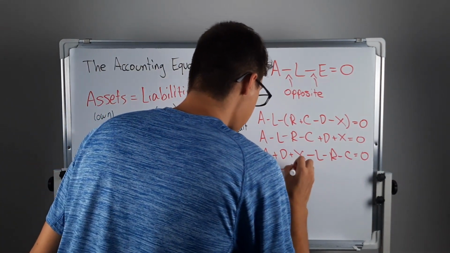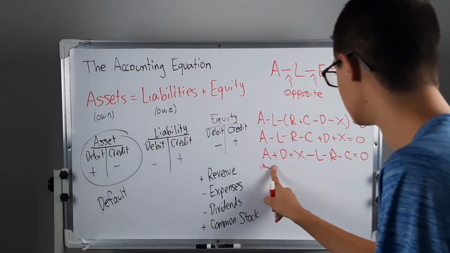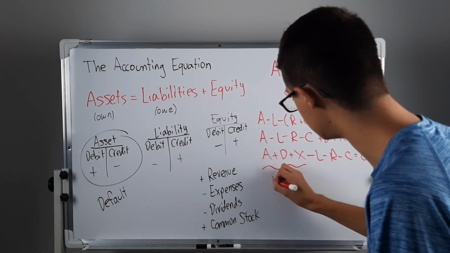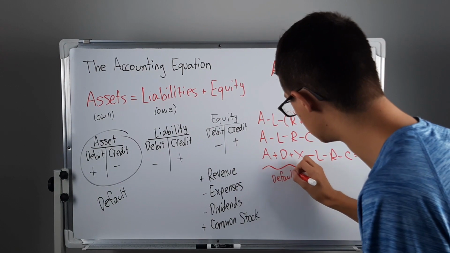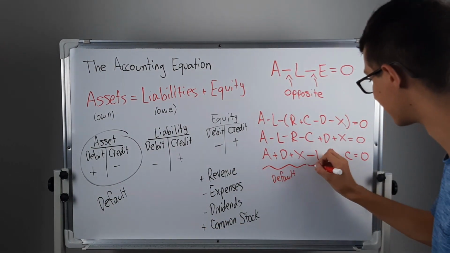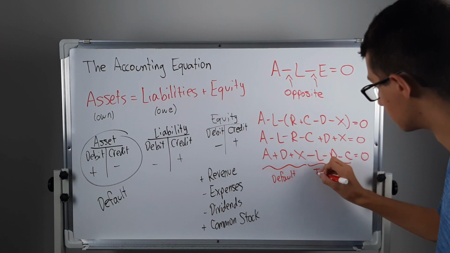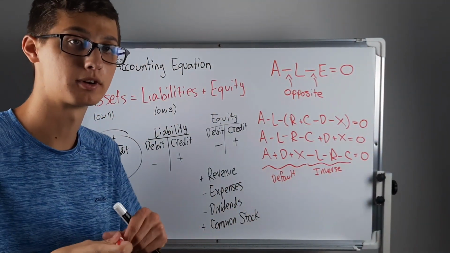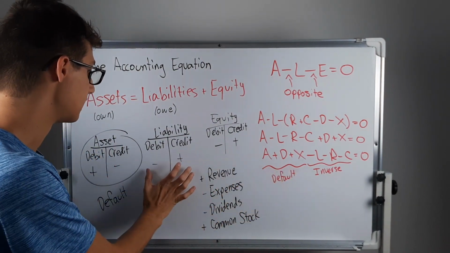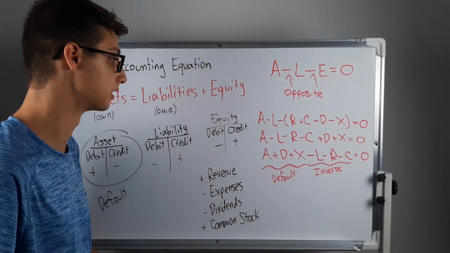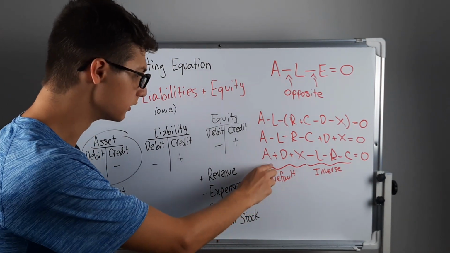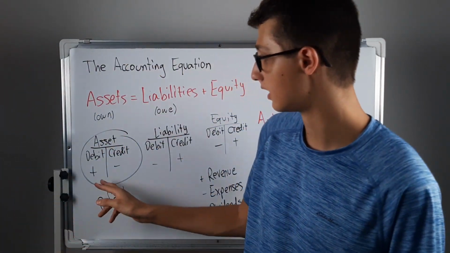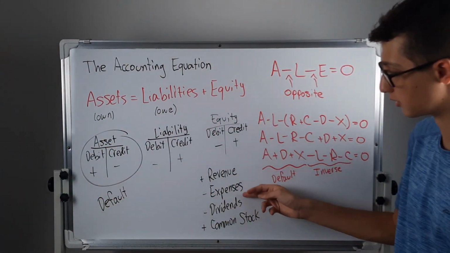Okay, so let me do it this way. Over here we have the default, and over here we have the inverse. The minus sign in front of these tells us that we're going to do the one where credits increase. You'll notice that assets, dividends, and expenses all are default, and remember, that's what I said.